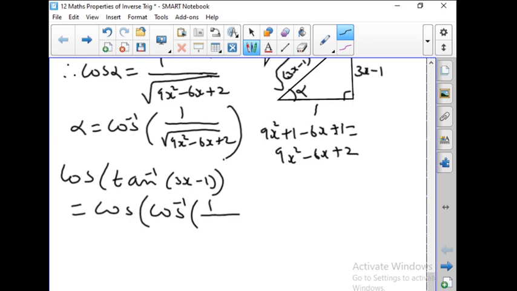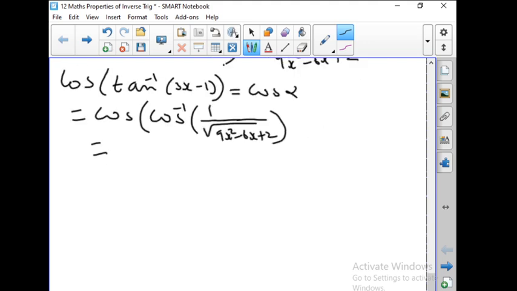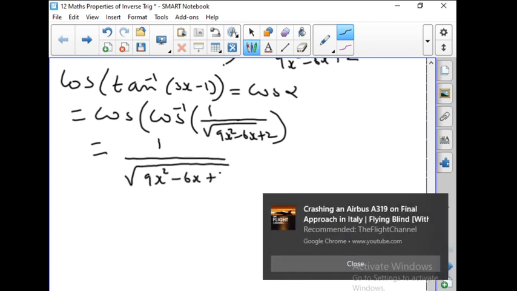This is cos alpha. Alpha we have got as cos inverse of 1 by root of 9x square minus 6x plus 2. Therefore cos of cos inverse of x is equal to x, so this is equal to 1 by root of 9x square minus 6x plus 2.